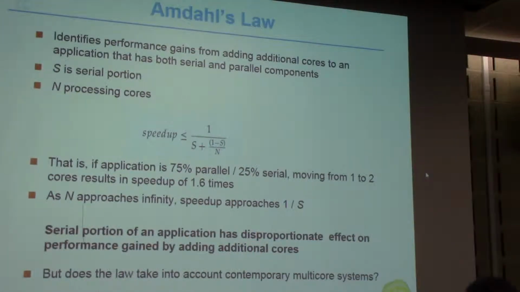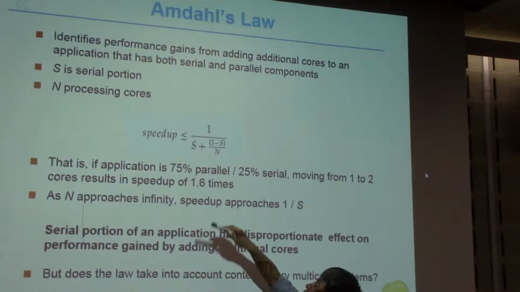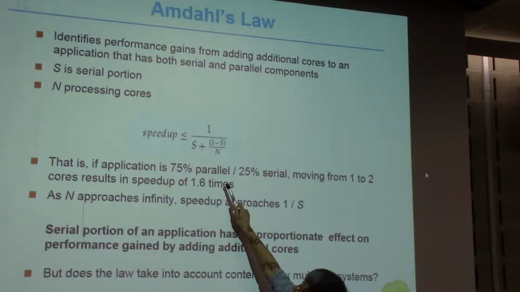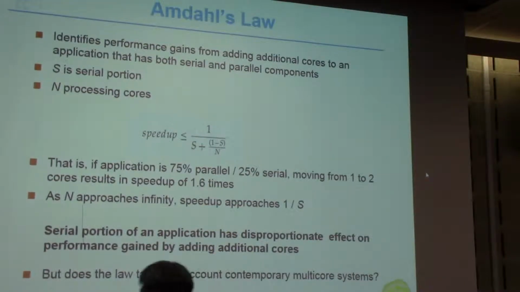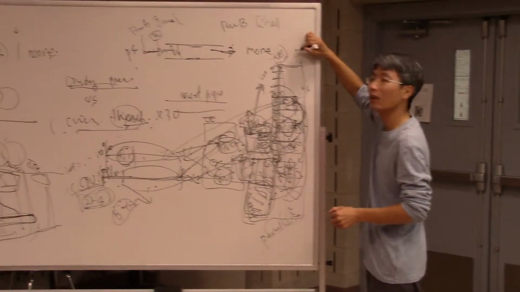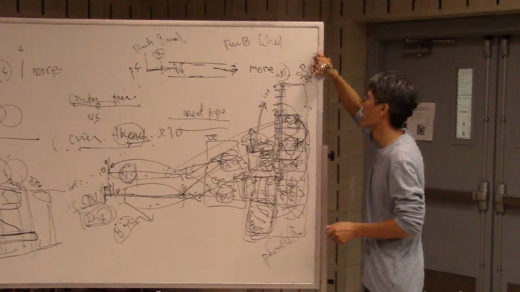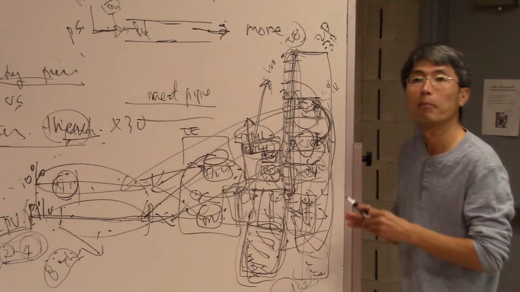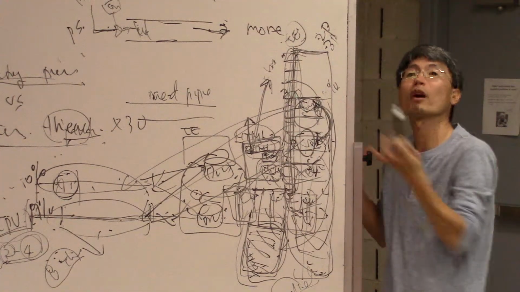How can we find such a boundary, the maximum speedup, when we have n number of cores or n number of parallel hardware units? Here, S is the serial portion, which means even though you are doing parallel programming, not all instructions can be parallel. For example, you cannot make the entire program 100% parallel.